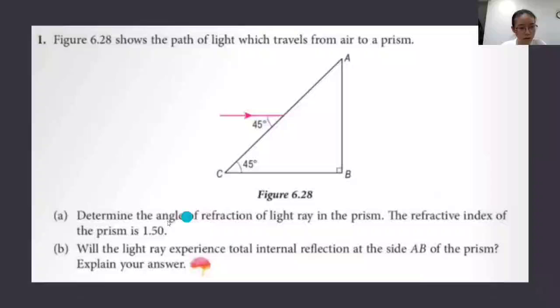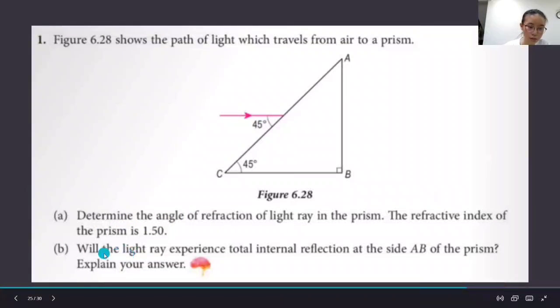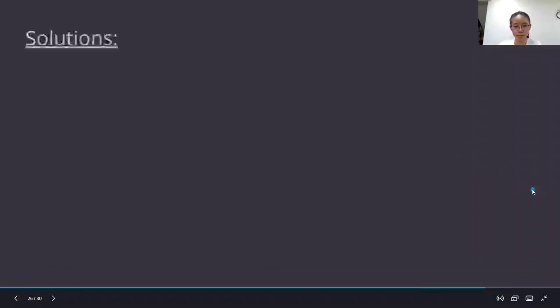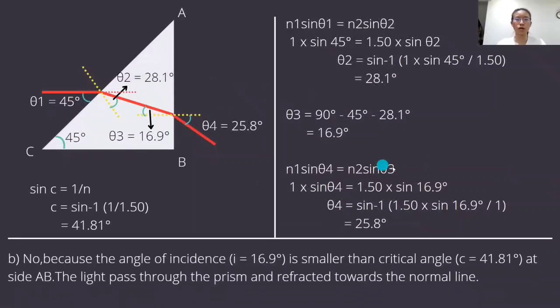Okay, now we'll see the next question. Will the light ray experience total internal reflection at the side AB of the prism? Explain the answer. Okay, this question is a little bit complicated, but don't be worried, just follow step by step. First, we need to calculate the critical angle of the prism. By using this formula, we will get the answer 41.81 degrees. Then we need to calculate this angle here.